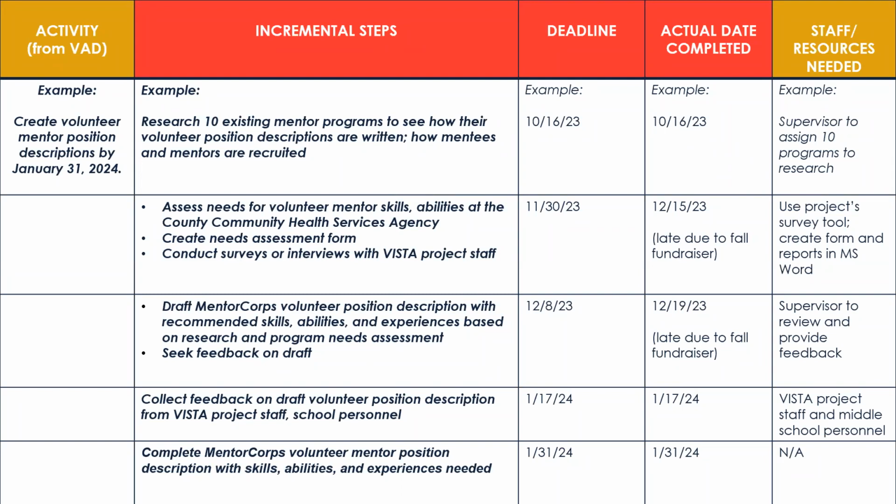In addition, you can see that with the dates, the deadlines, and the actual dates completed, there's a little bit of variance. As Vic got a little closer to the holiday season, there were a couple of times when he slipped a little bit and didn't meet his original deadlines, and he noted that the reason was the fall fundraiser.